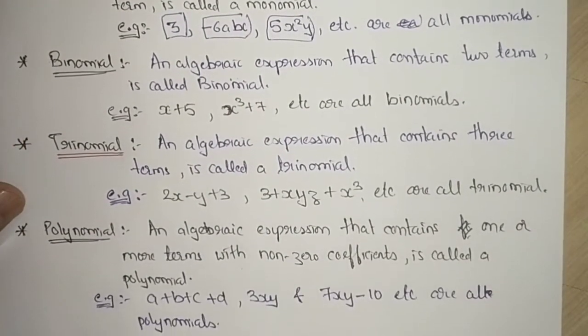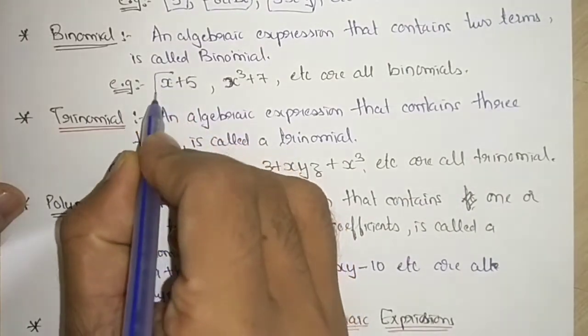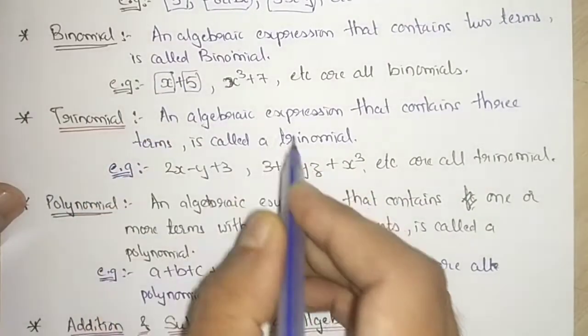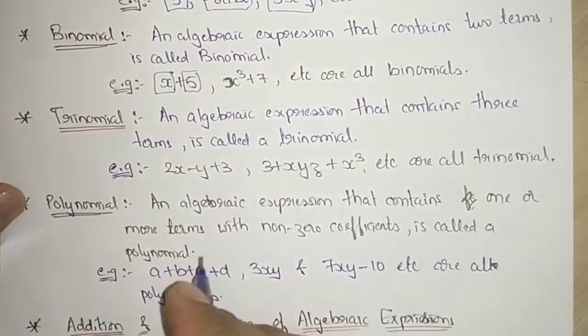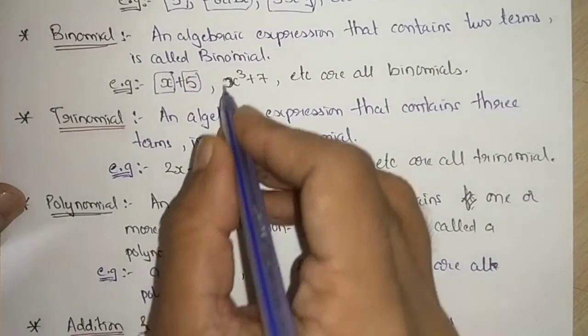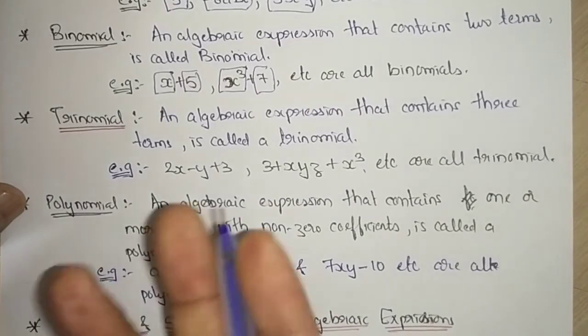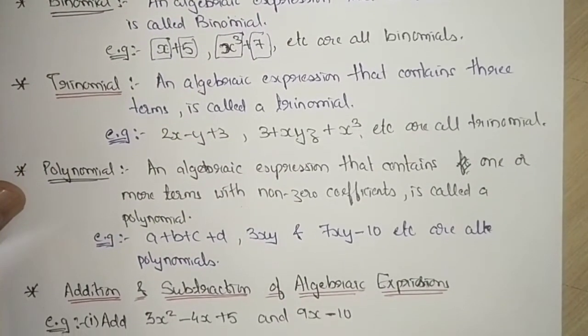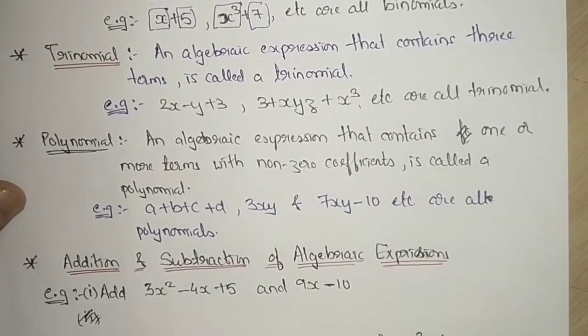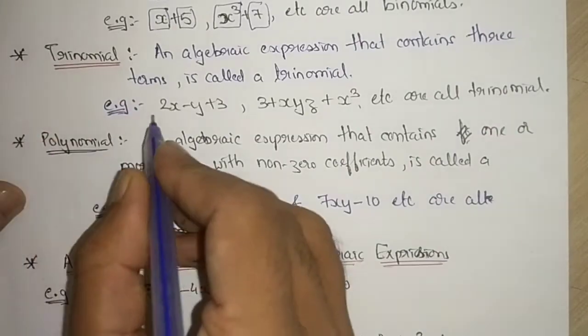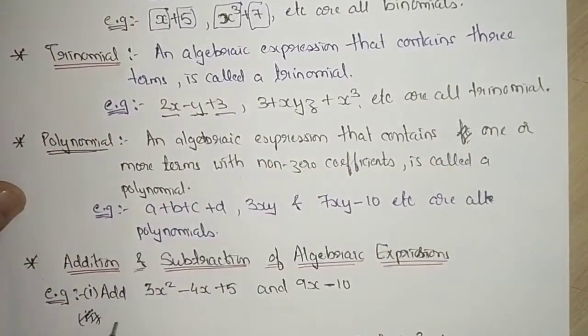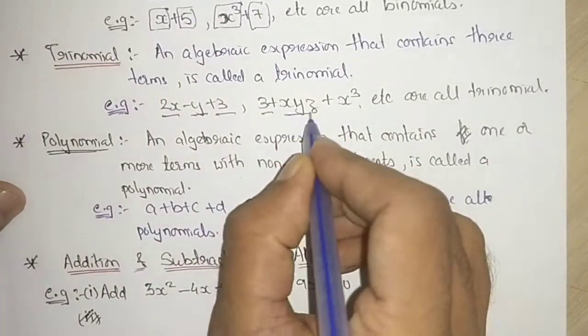If it has two terms, here you can see one term and second term, two terms, so we can say binomial. Trinomial means the algebraic expression having three terms. 1, 2, 3. Three terms.